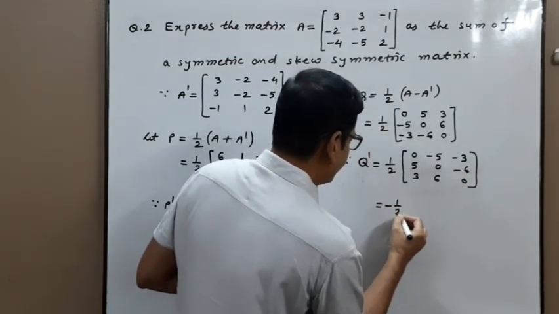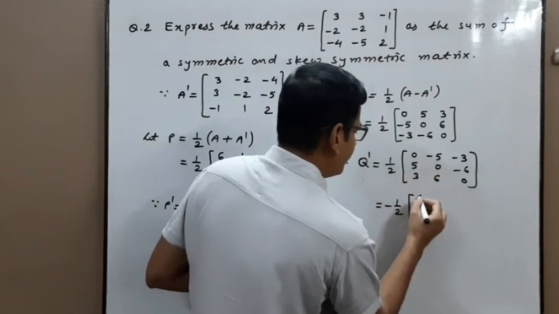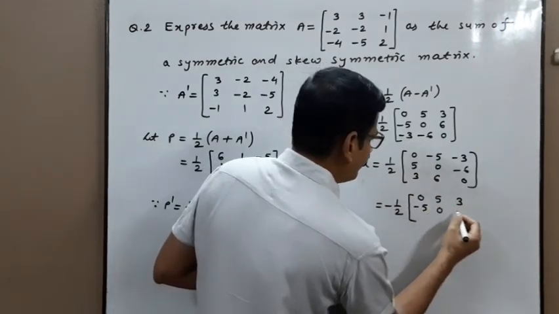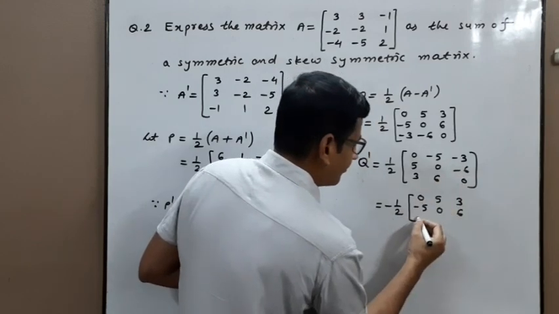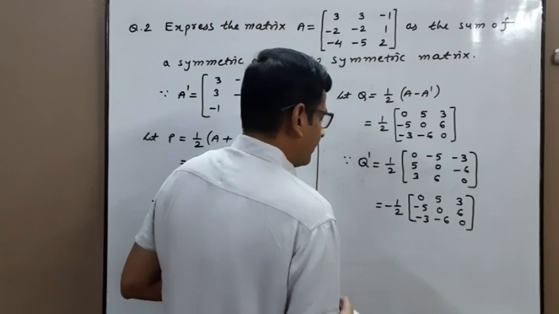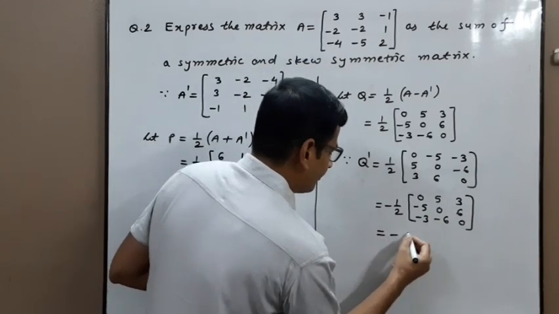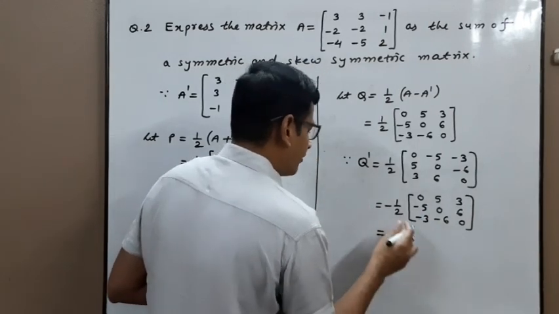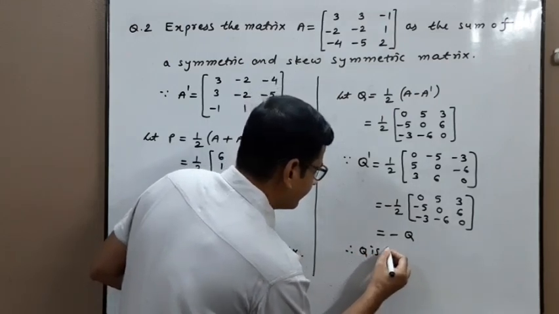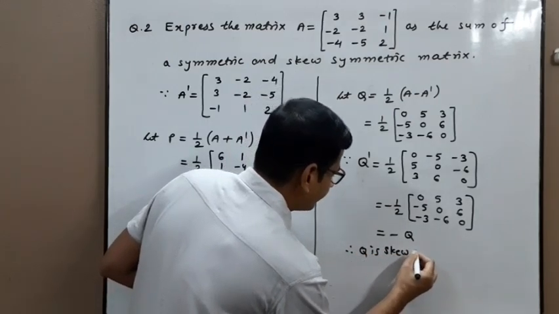Now taking the minus sign common, 0, 5, 3; minus 5, 0, 6; minus 3, minus 6, 0. This is equal to Q. So Q' equals minus Q. Therefore Q is a skew symmetric matrix.